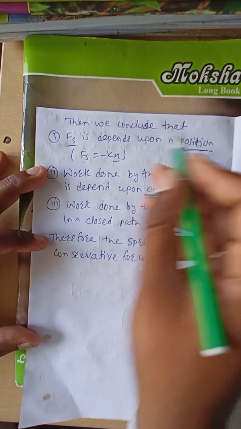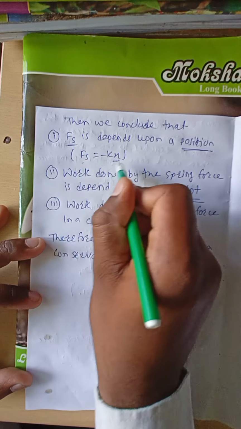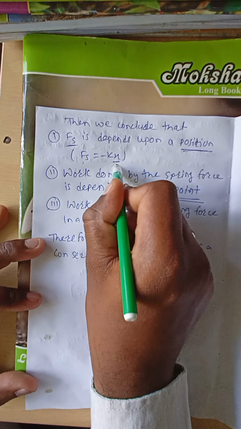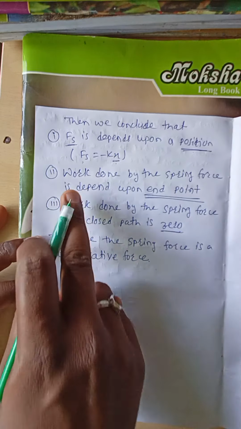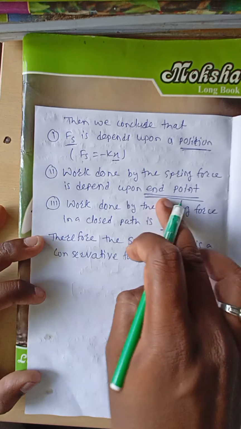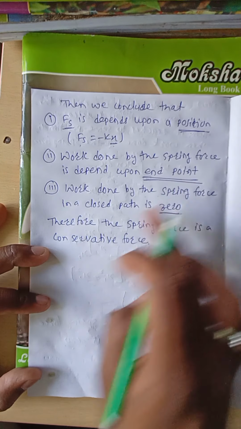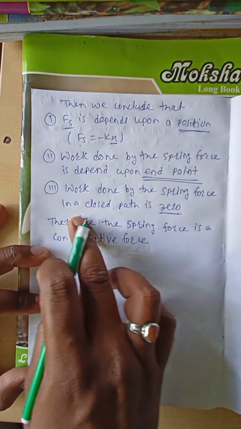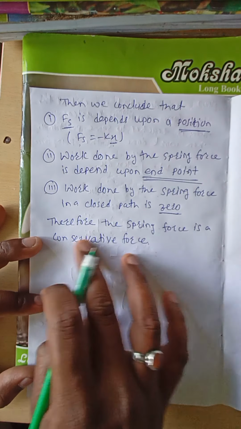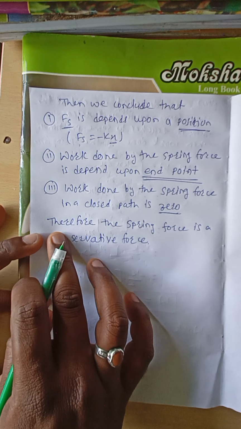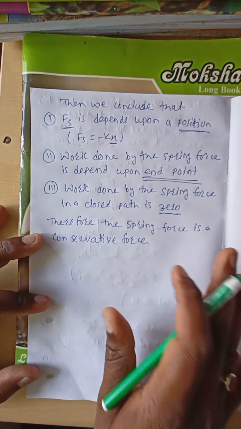You know the definition of a spring force, Fs is equal to minus kx. From that definition, spring force depends upon position, the work done by a spring force depends upon the end points, and work done by a spring force in a closed path is 0. From all that we conclude that the spring force is a conservative force.